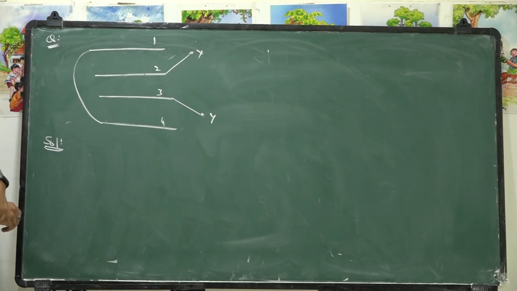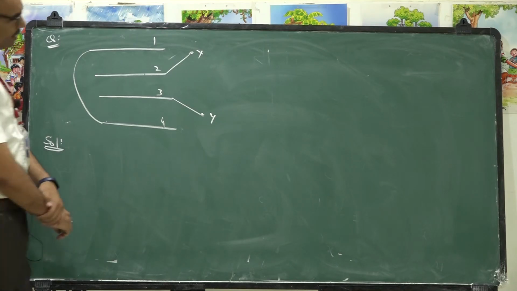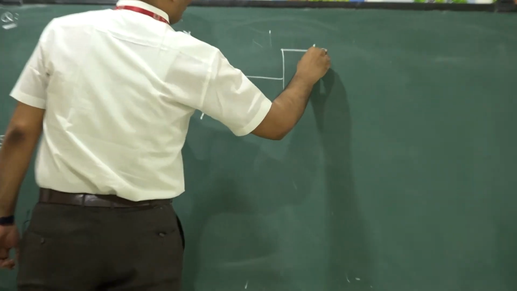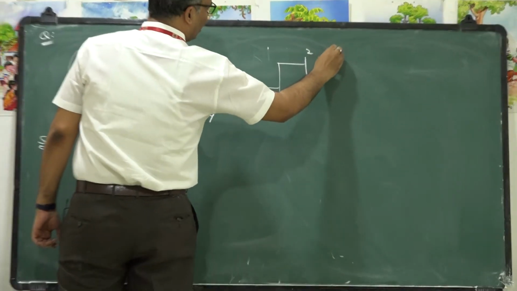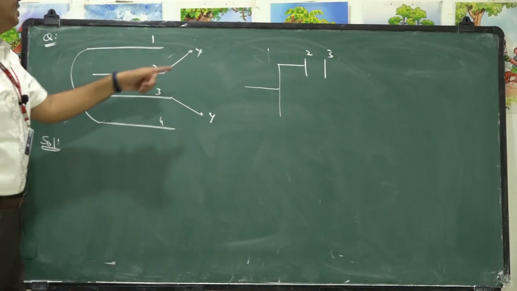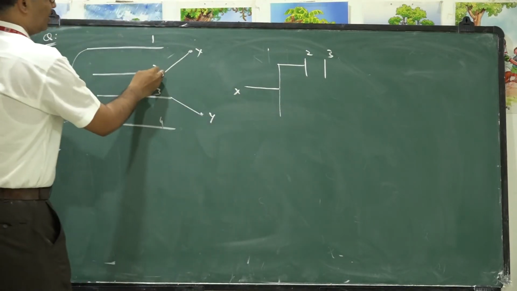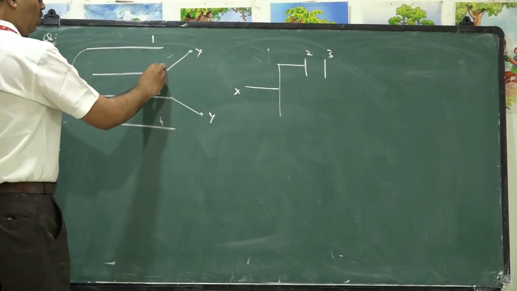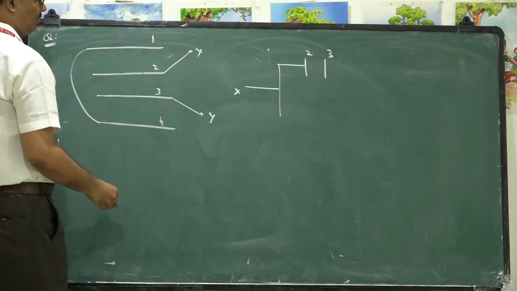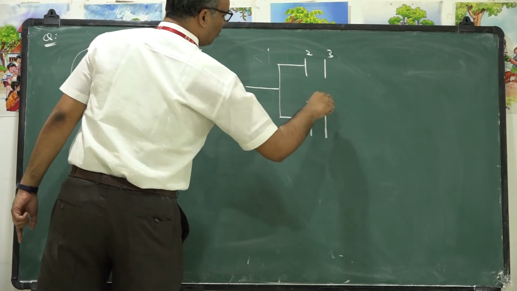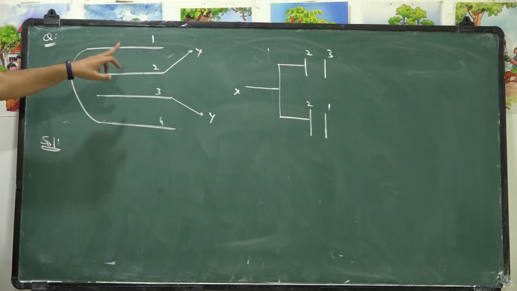So equivalent circuit we can draw like this. 2, 3 I am drawing like this because 2 is attached to the terminal X. So the same 2 is common for 2, 3 capacitor as well as 2, 1 capacitor. So 2, 1 capacitor I am drawing like this. 2, 1 or 1, 2 both are same.